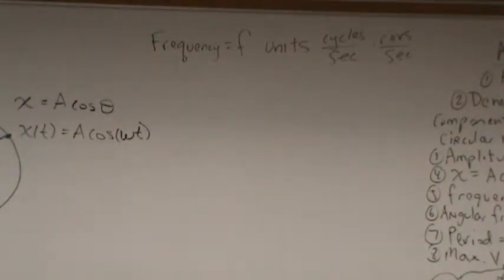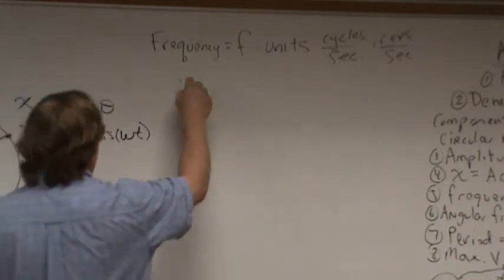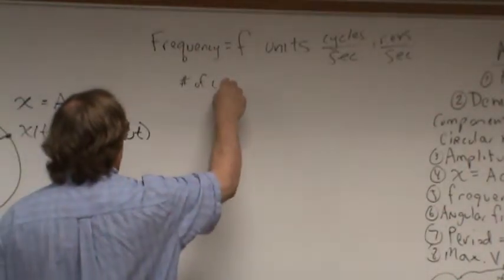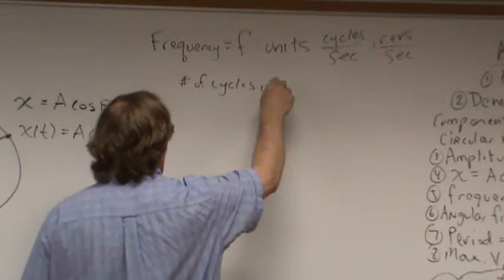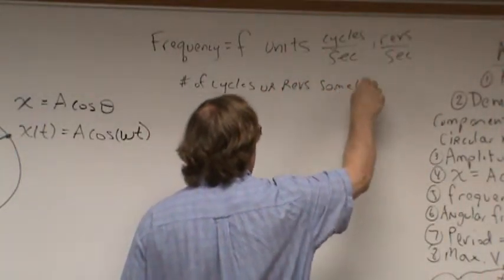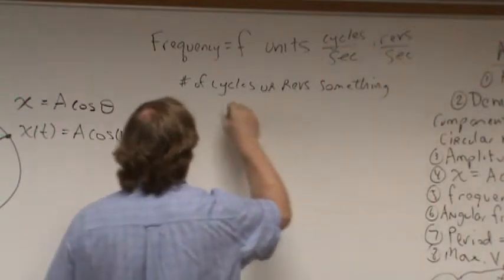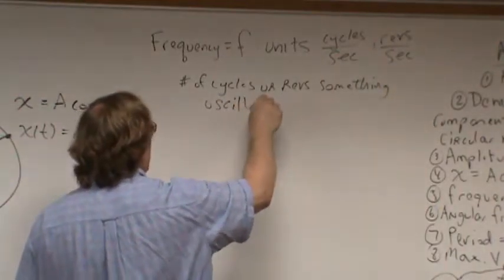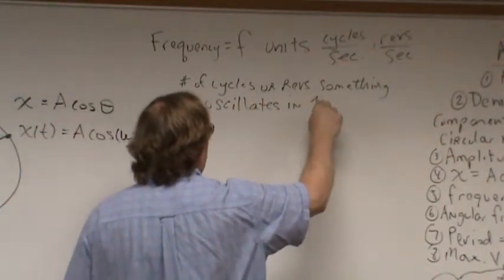So the frequency of oscillation is going to be how many cycles or how many revolutions something does in 1 second.